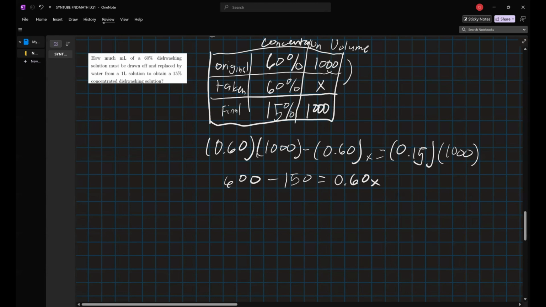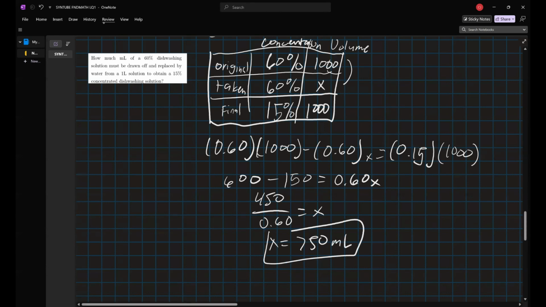And now we can just subtract this and then divide both sides by 0.60. So for this, we'll have 450 all over 0.60, and that would give us x. The answer to that should be 750 milliliters.